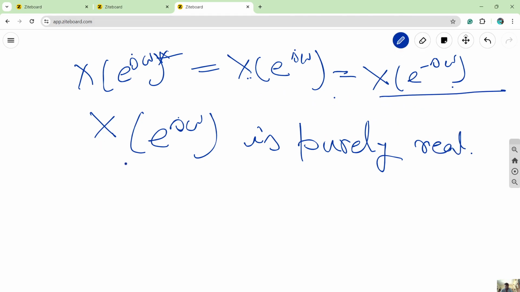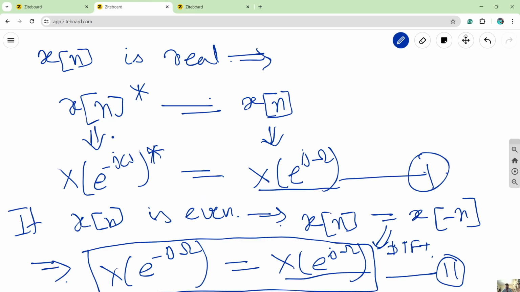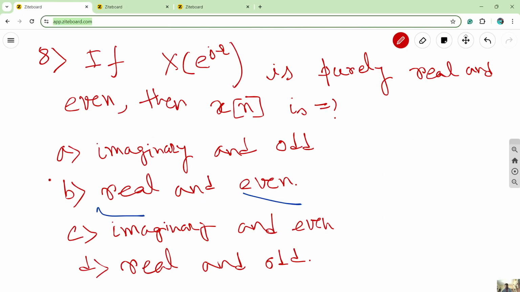And even. All three relationships. The correct option is option B.